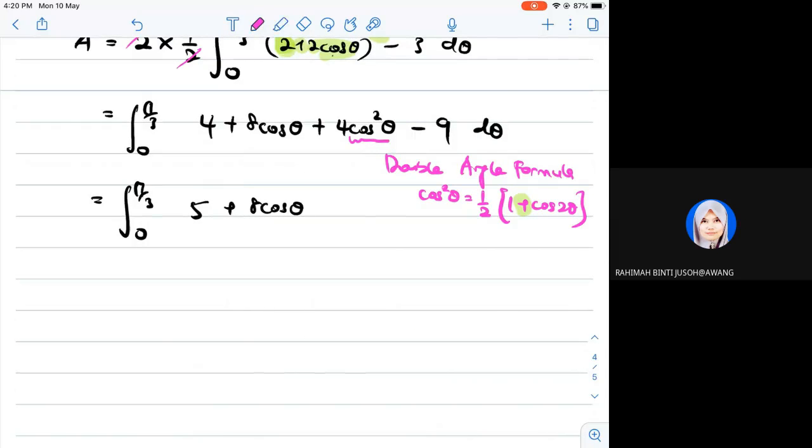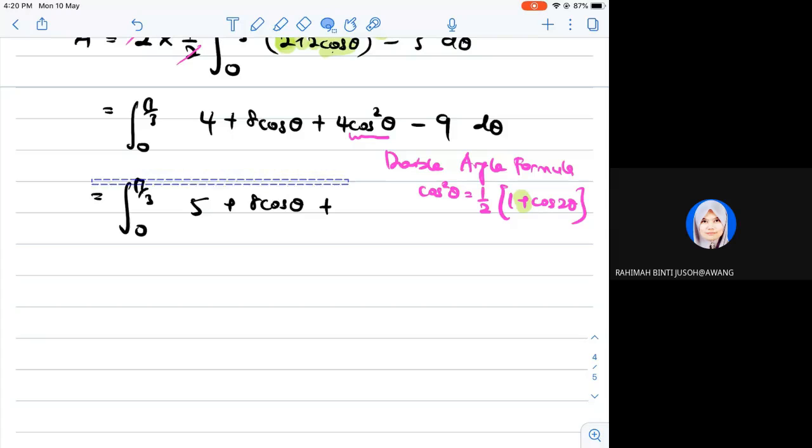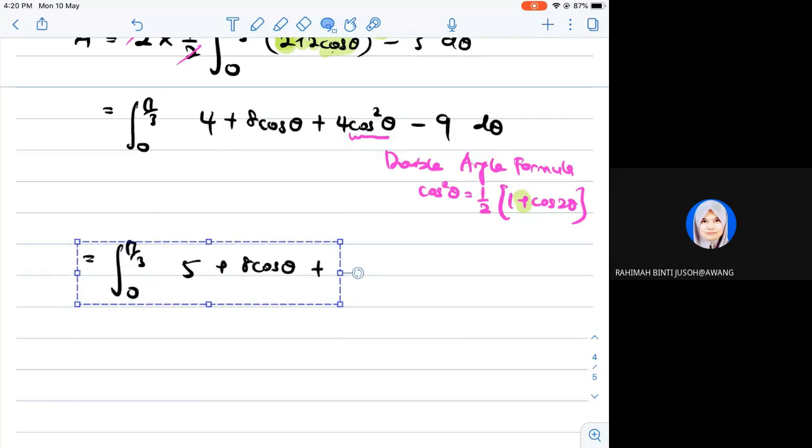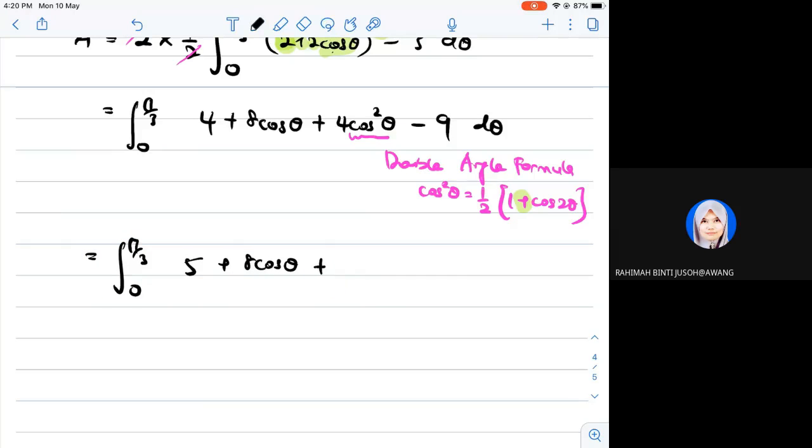Alright. So what happens here? It becomes plus 1 over 2 multiplied with the 4 in front. It has a coefficient of 4, so put the 4 in front first. Times 1/2 (1 plus cos 2 theta).